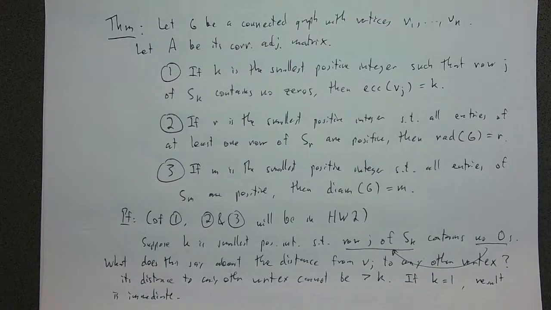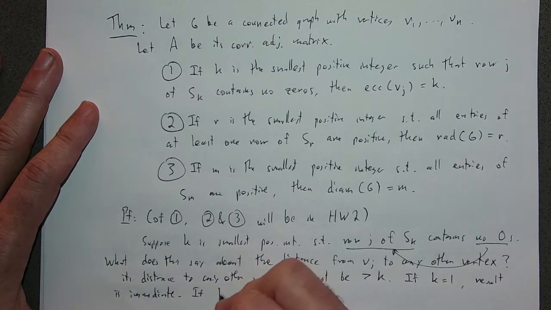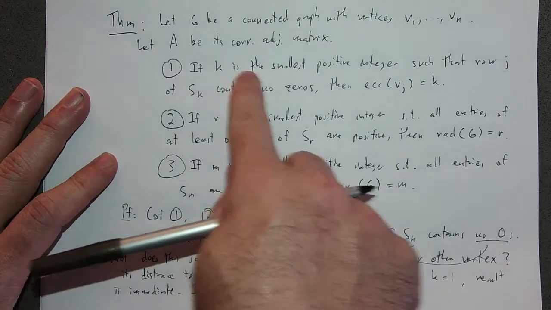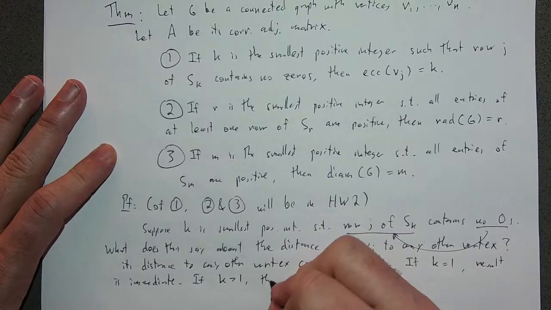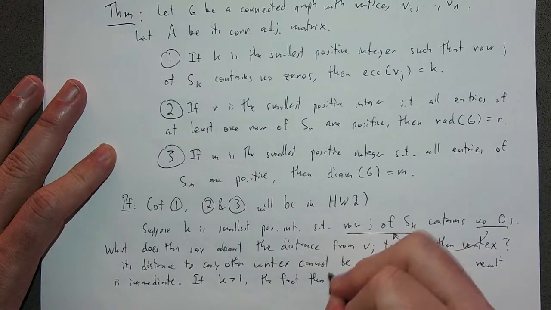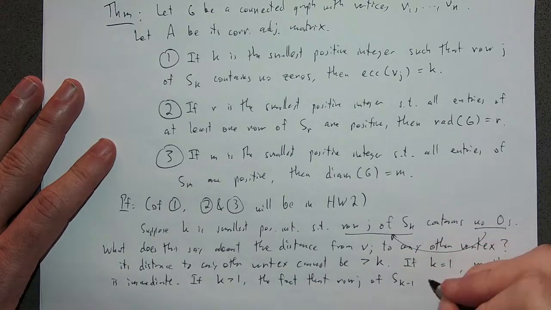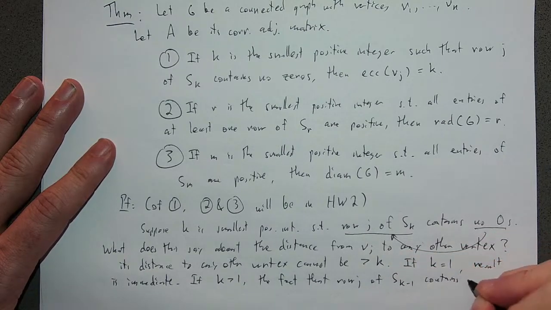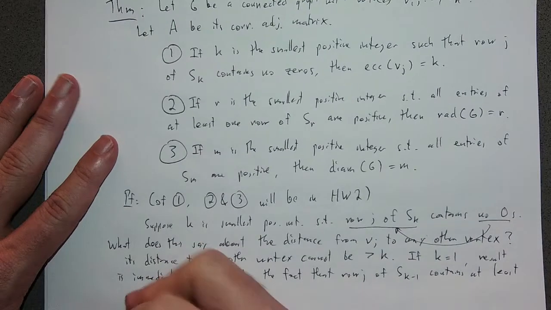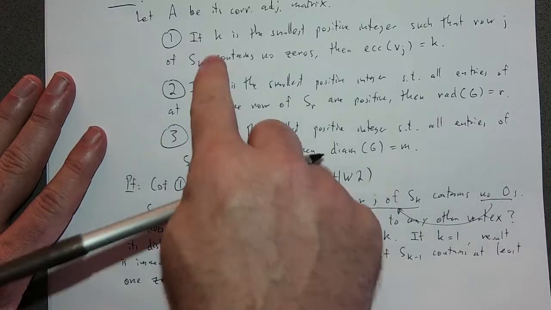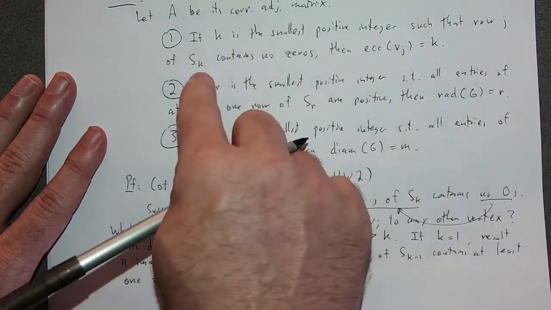Okay. What about k bigger than 1? K is bigger than 1. The fact is that there's at least one 0 on row j of S sub k minus 1, because k is the smallest positive integer here. Again, if row j of S sub k minus 1 did not contain at least one 0, then k would not be the smallest positive integer such that row j of S sub k contains no zeros.